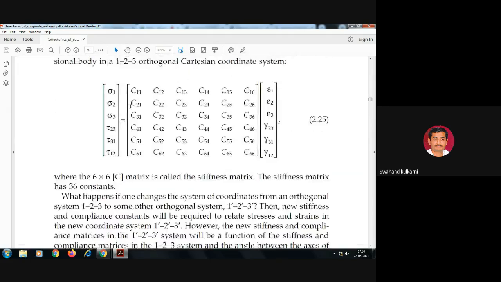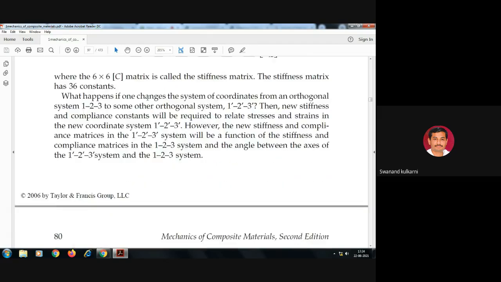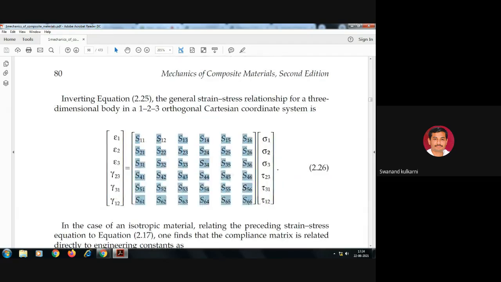So the matrix represented by C11 to C66, with all these elements, is considered to be the stiffness matrix, and the matrix represented by S11 to S66, with all these elements, is regarded as the compliance matrix. Whenever there is a relationship between strain and stress, it is correspondingly given by the compliance matrix.